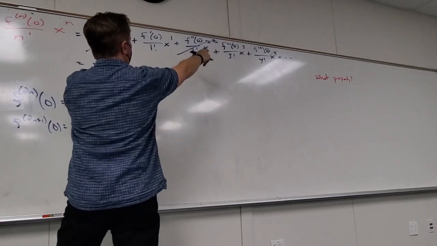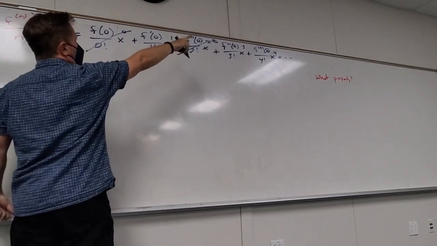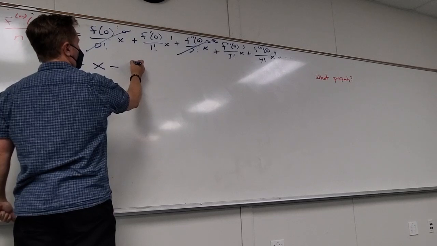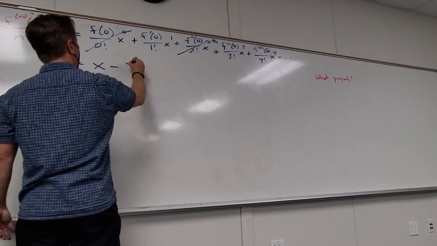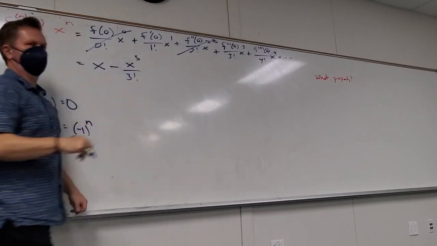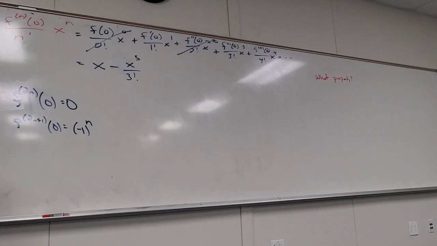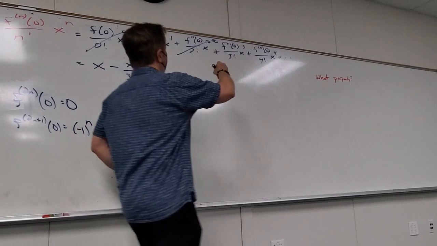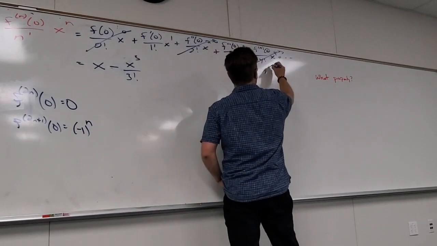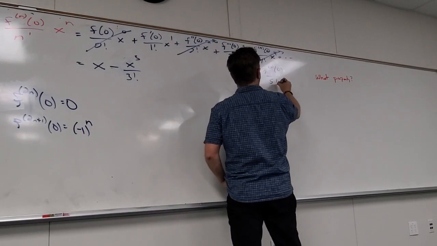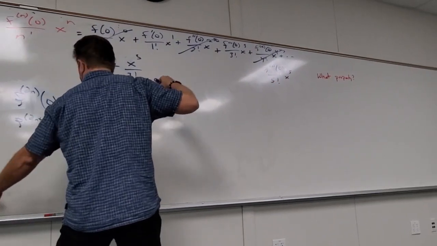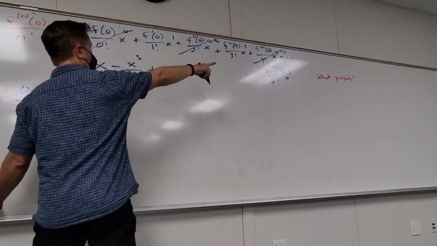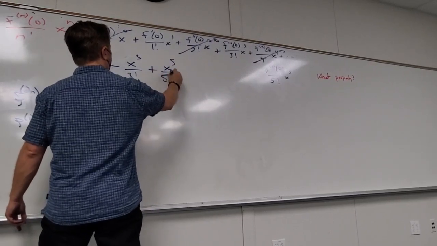So I'll get minus 1 over 3 factorial x cubed over 3 factorial. Now I could make 3 factorial 6, but you'll see why I'm not doing that yet. Let's go out to the next one that exists, which would be the fifth one, right? F5 of 0 over 5 factorial x to the fifth. So what's F5? The fifth derivative at 0 is 1. So I get plus x to the fifth over 5 factorial.